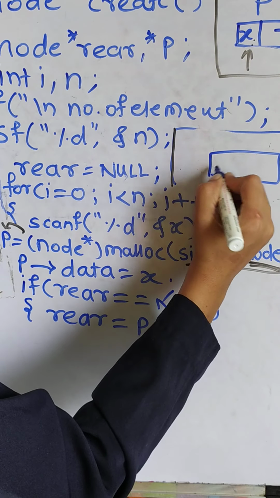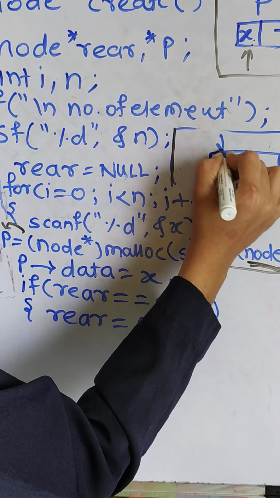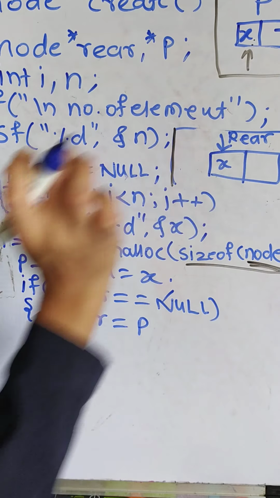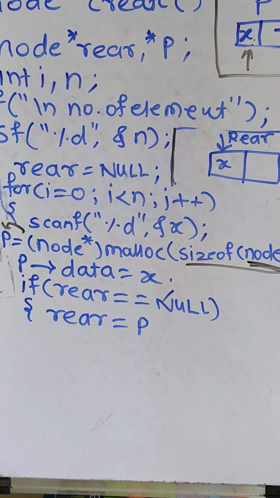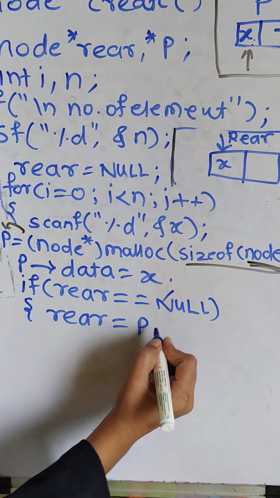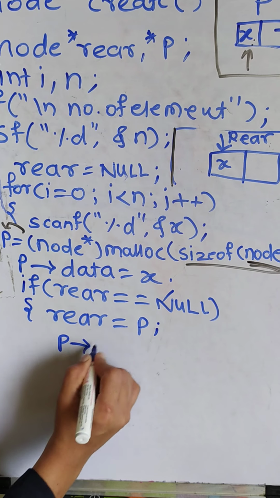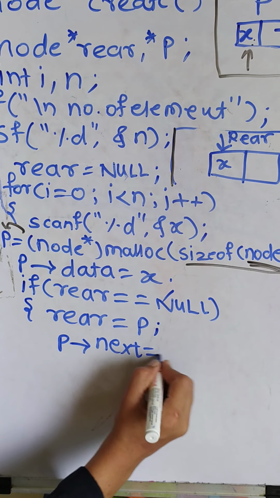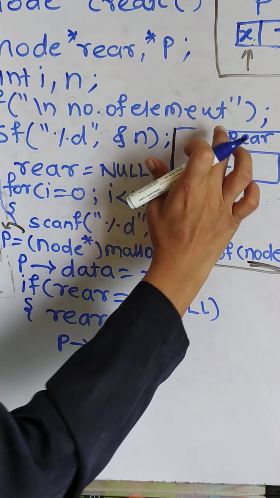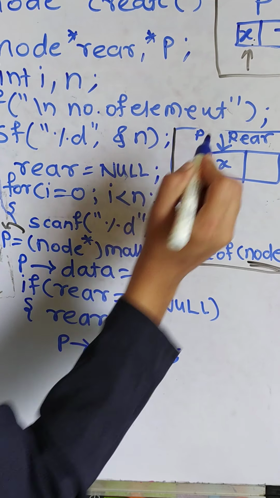So x is now here, and see here is your rear now, and p is also the name of this node. Okay, and the next step required is p's next equals p. See, p's next equals p. Why? See, this is your rear and this is also p.